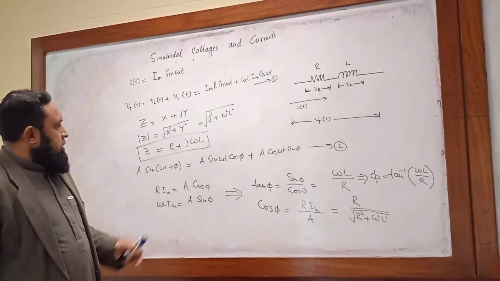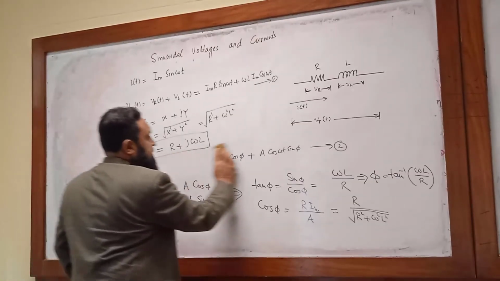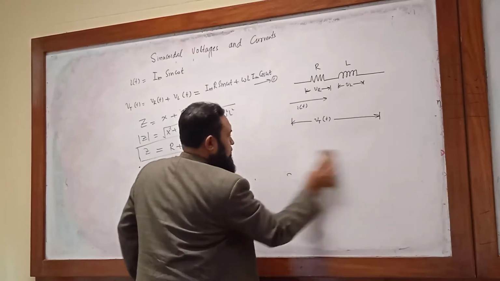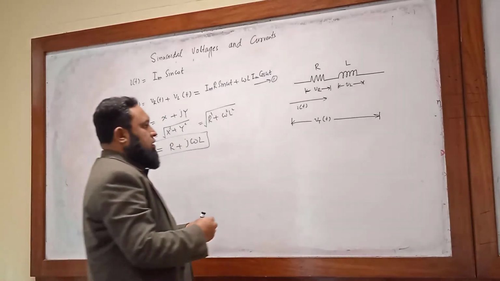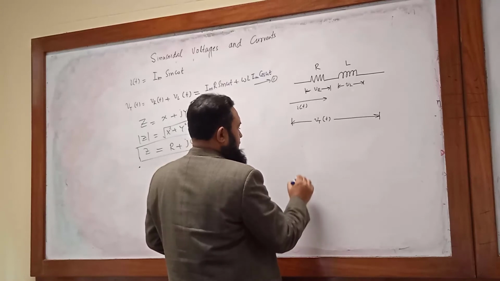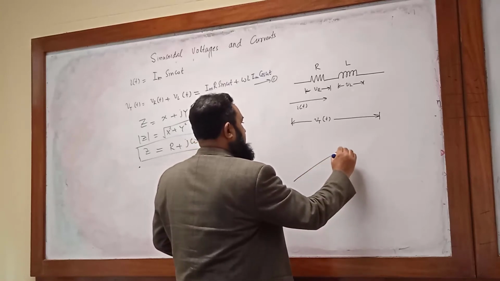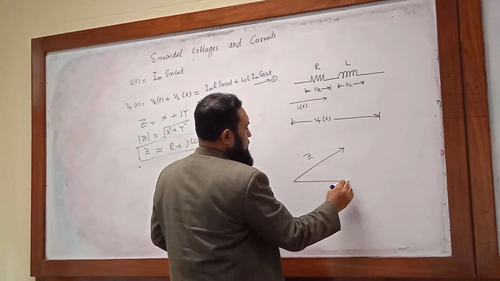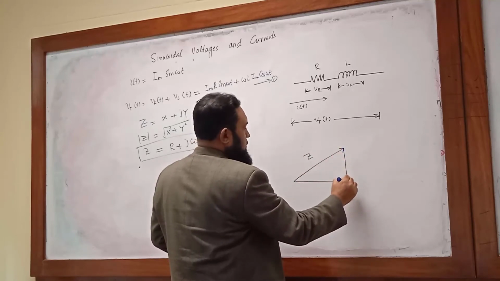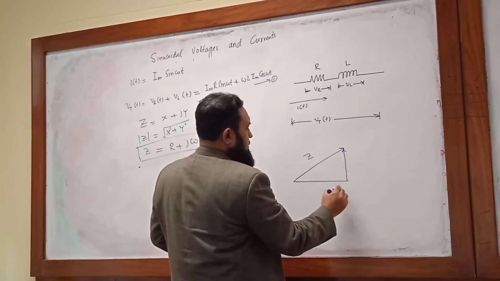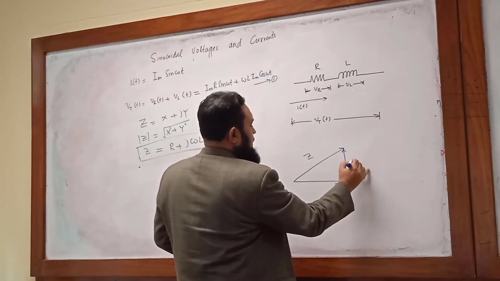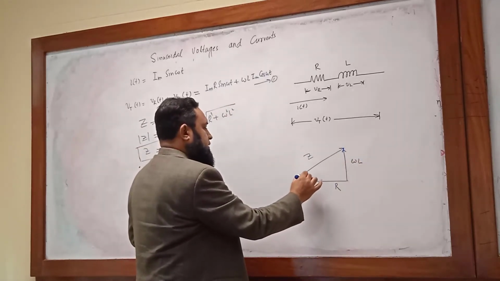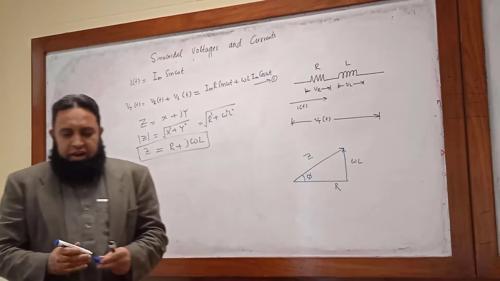If we agree with this representation, then the complex representation is like this: Z, and we have R and we have omega L. So we have R here, we have omega L here, and this is angle phi.